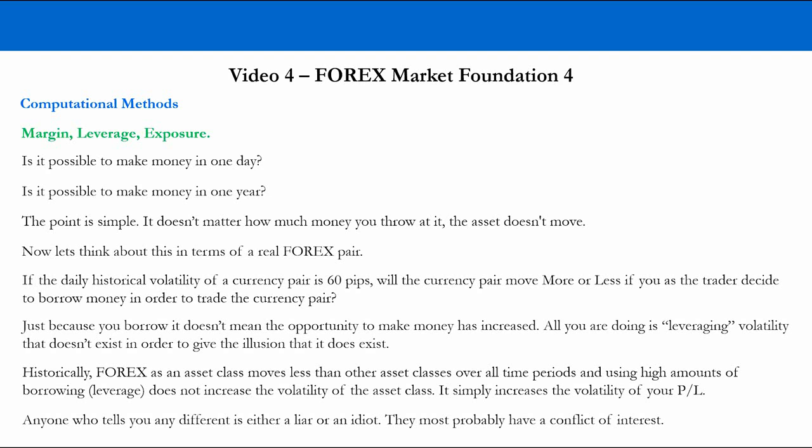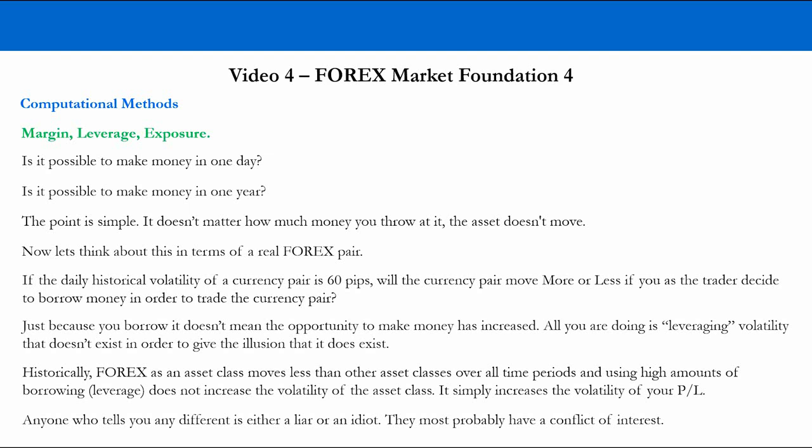Now let's think about this in terms of a real Forex pair. Let's say you work out that the daily historical volatility of a currency pair is on average 60 pips. Now, will the currency pair move in the future more or less if you as the trader decide to borrow money in order to trade the currency pair?